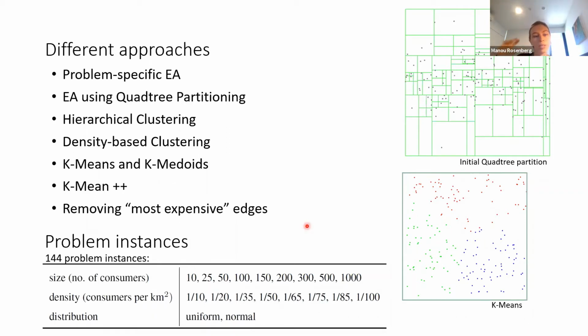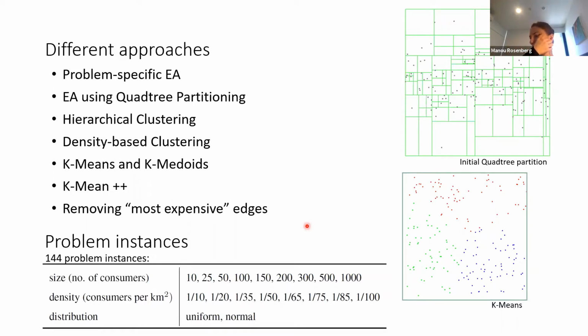Because if you look at real problem instances, sometimes you can see that in some areas the consumers are located closer to a street or to some specific landscape, so they're not necessarily just uniformly spread over an area.